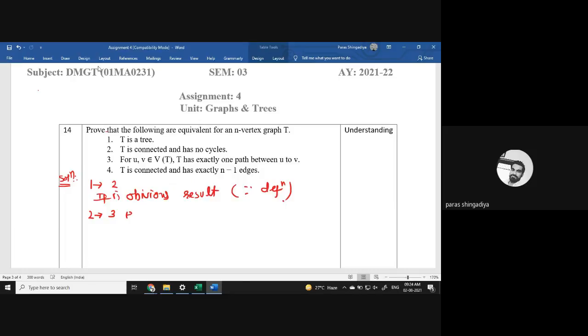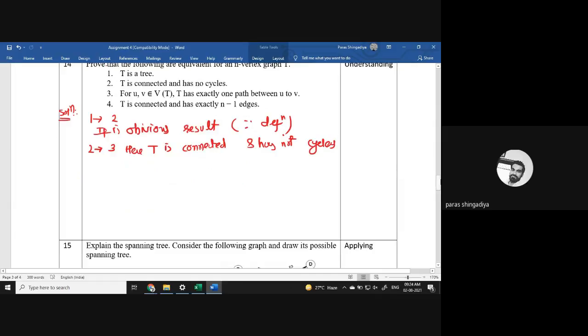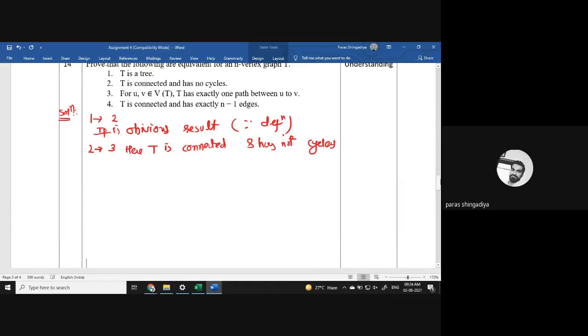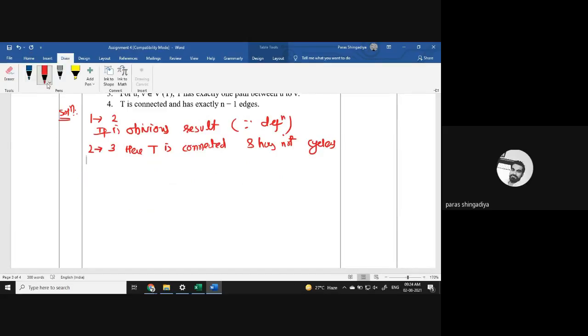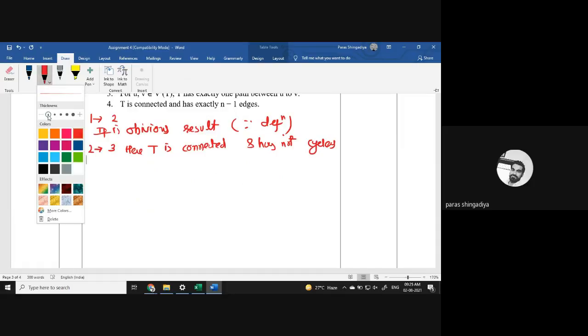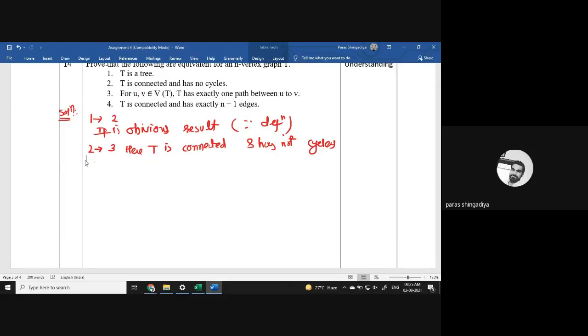So here T is connected and has no cycle. Clear?